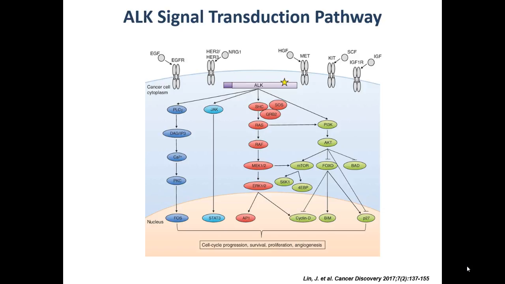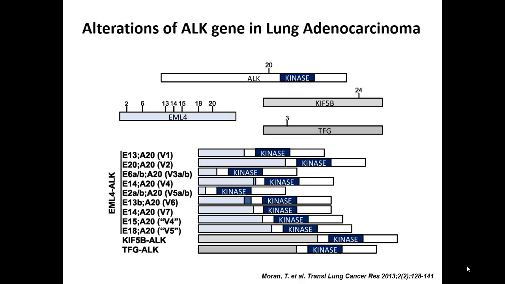And again, the point of this slide is it's complex. So ALK mutation is completely different. To begin with, they are not point mutations like EGFR, but rather fusions with different molecules, with different proteins.